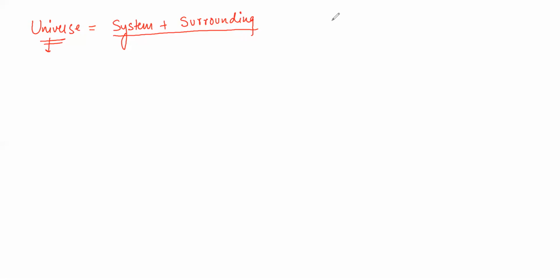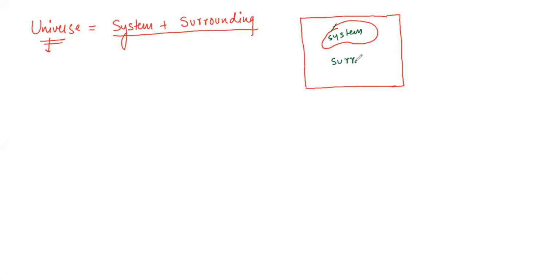So if I'm going to draw, suppose this is the boundary of the universe, right. In this boundary of the universe you will see that there is a sub boundary, and in this sub boundary the inside portion is defined as a system and the outside of this boundary is defined as surrounding, right.